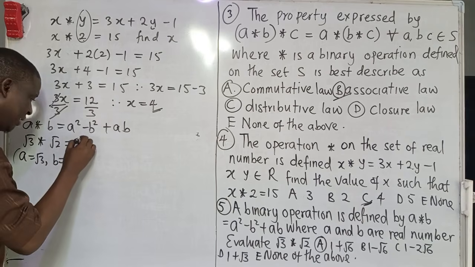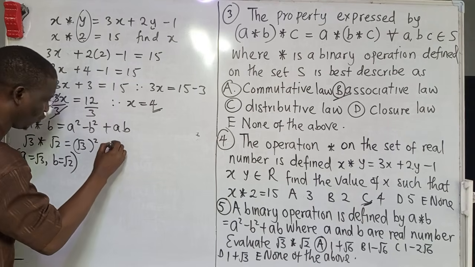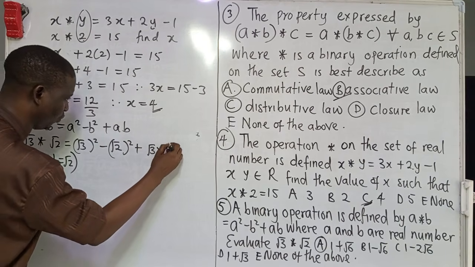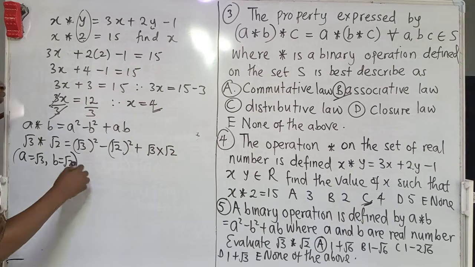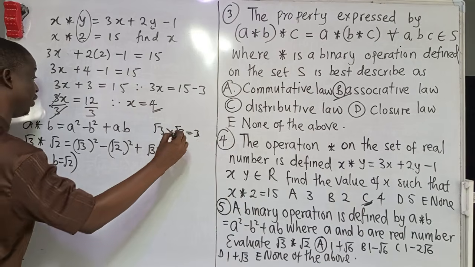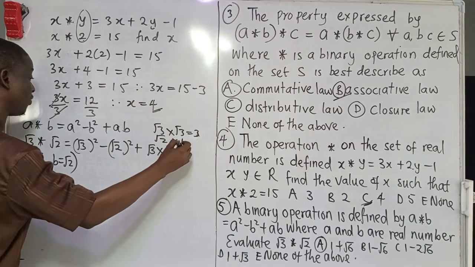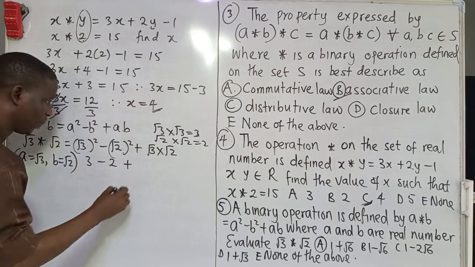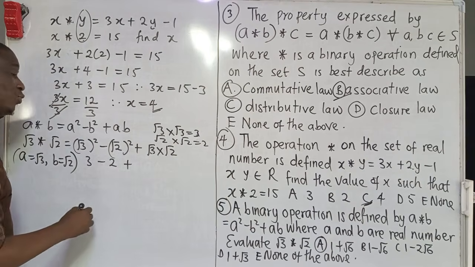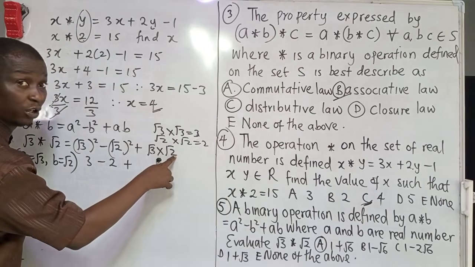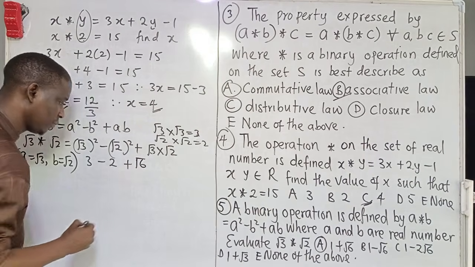So you are going to have root 3 all square minus root 2 all square plus root 3 times root 2. Root 3 all square means root 3 times root 3, and that will give us 3. Root 2 all square is root 2 times root 2, that is 2. So I would have 3 minus 2 plus root 3 times root 2, which will give us root 6.